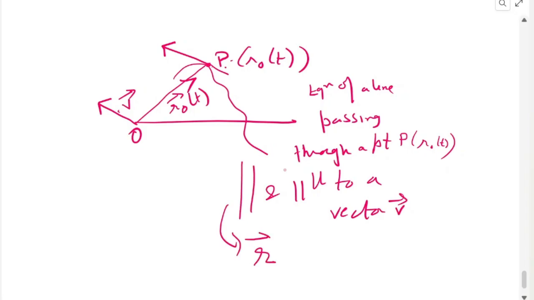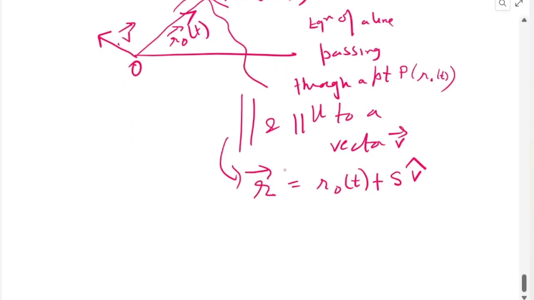Recall, it is given by R0t plus, let me take a unit vector here so that I can control the other thing within this scalar. So let me take S V cap, meaning unit vector.